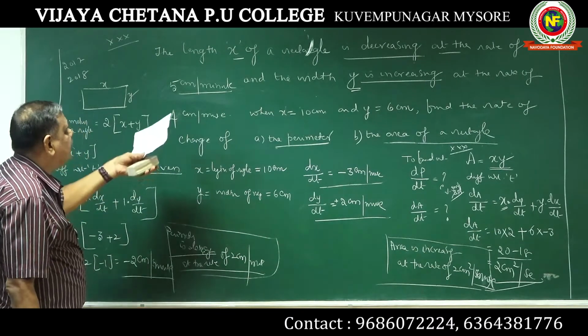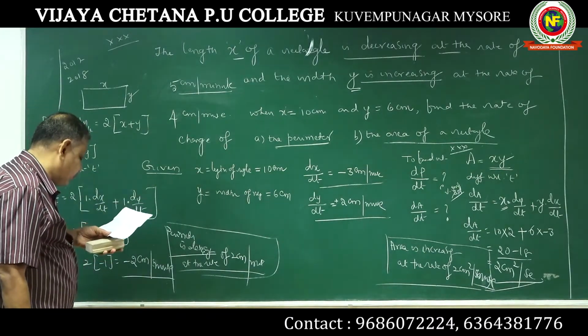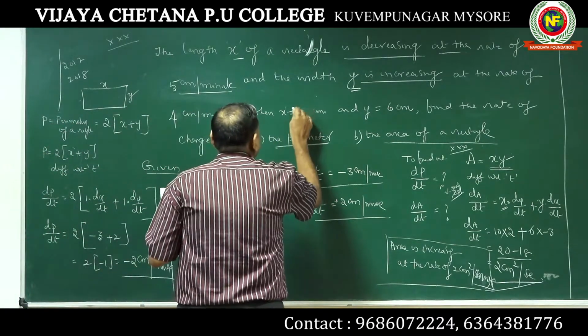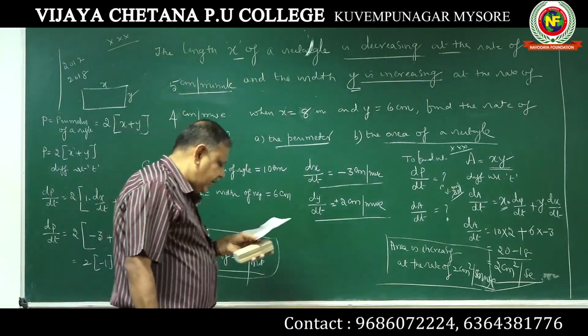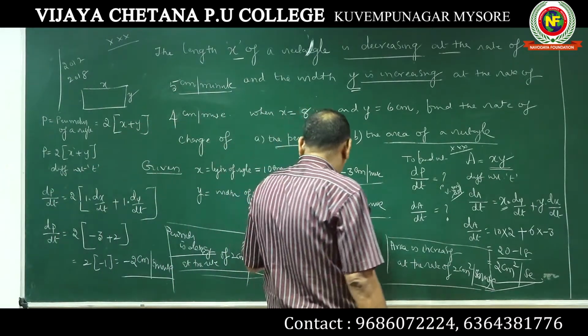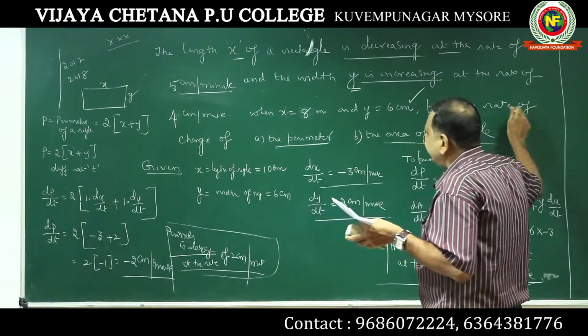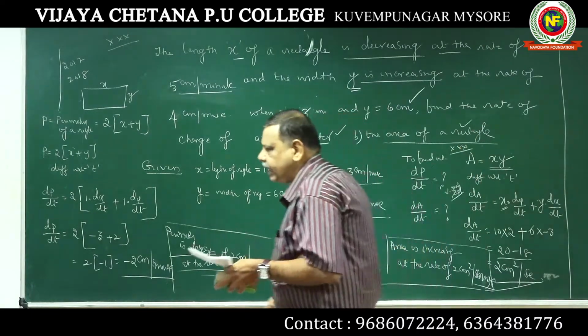Length decreasing, and the width is increasing at the rate of 4 centimeter per minute. When x equal to 8 centimeter, yes, this you change it. x is equal to 8 centimeter and y is equal to 6 centimeter. Why they have given again 6 centimeter, only keep the same thing. Find the rate of change of perimeter and the area of the rectangle.